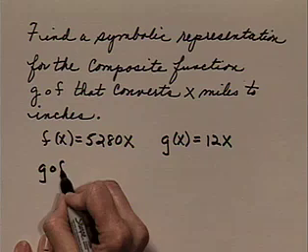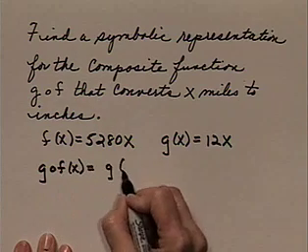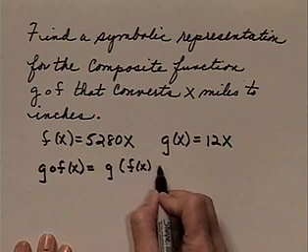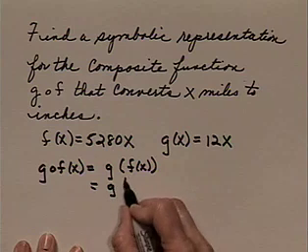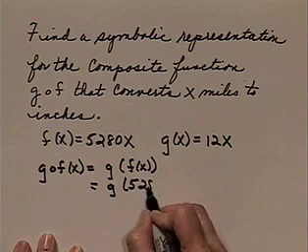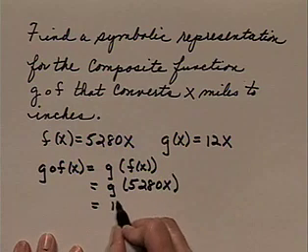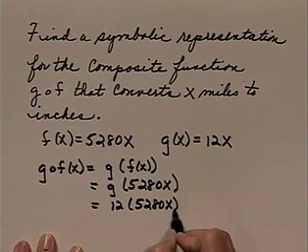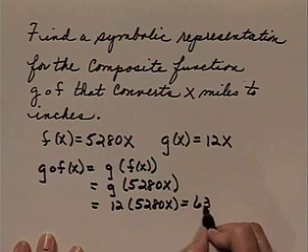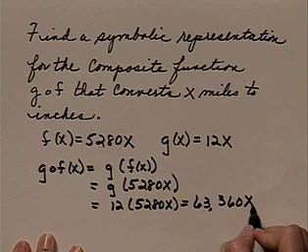G composed with f of x would be g evaluated at f of x. So this is g evaluated at 5,280x. So this would be 12 times 5,280x, which is equal to 63,360x.